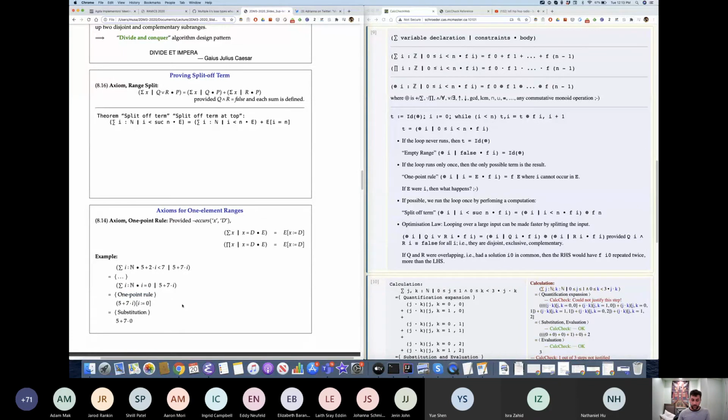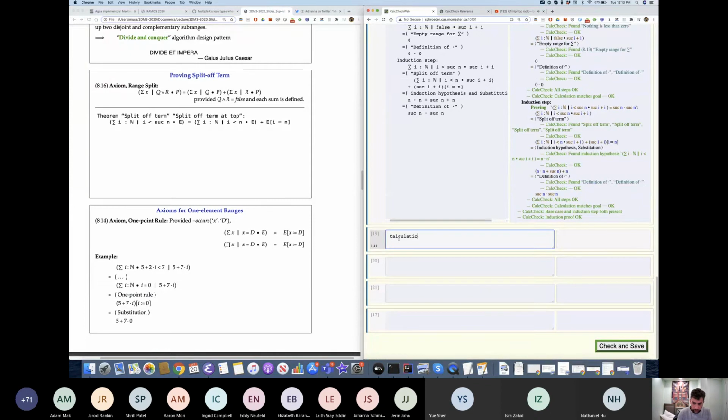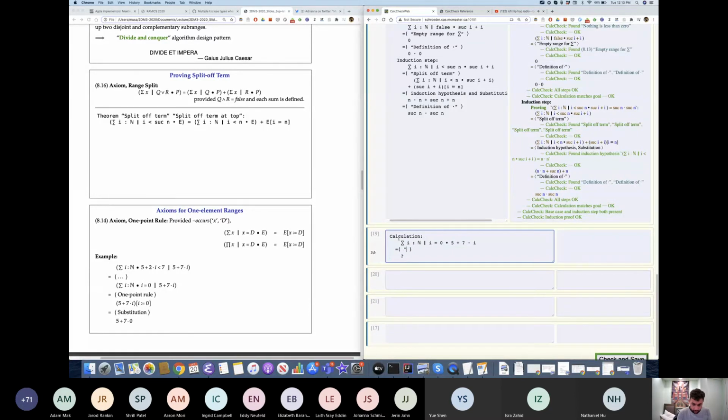And again, you have to use substitution. So let me show you this. Calculation. I have the sum over all I natural numbers with I equals 0, of 5 plus 7 times I, equals, and right here we say 1 point rule for sigma, and that's just 5 plus 7 times I with I becoming 0.